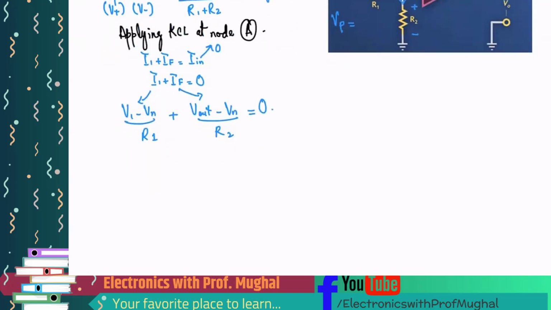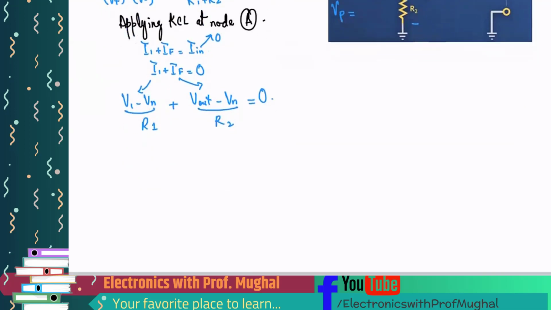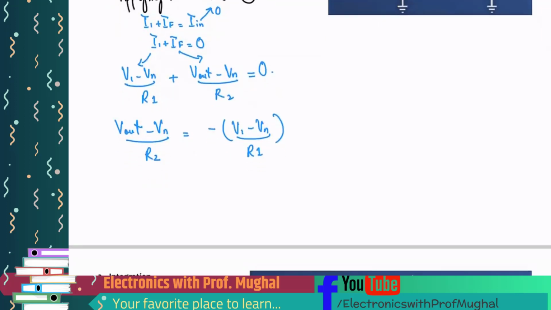Again, I have to solve for Vout from this equation, right? So I have to rearrange it such that Vout minus Vn over R2 equals minus V1 minus Vn over R1, correct?